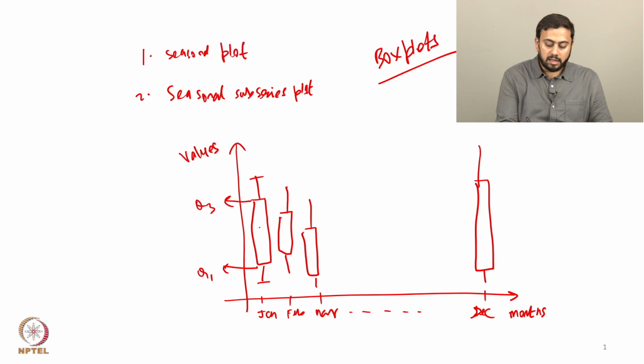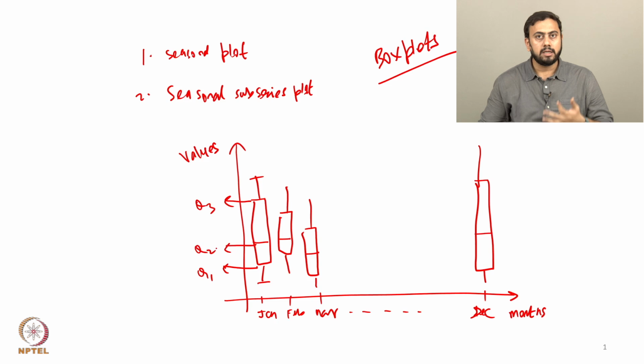And in between, in all these boxes, we can create the medians also, because Q2 is nothing but the median, which is given by these horizontal lines. So this is exactly where my Q2 lies, and Q2 is nothing but the median. A box plot in itself tells you a lot of stories about how the data is spread, where exactly the quartiles lie, or where exactly the median lies.